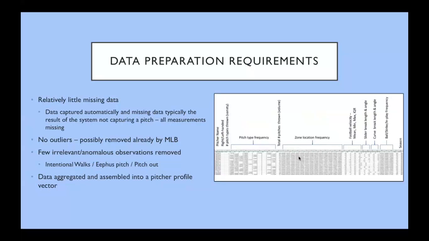So rather than using the raw data in its form, I've derived features of aggregate data and assembled those into pitcher profile vectors, which are designed to characterize a pitcher based on what type of pitch he throws, how many different pitches he throws, where in the strike zone he likes to work, what the range of his fastball velocity is, how much break his breaking balls have, and that kind of information. The total vector is displayed on this screen.